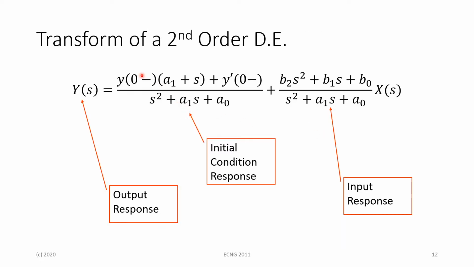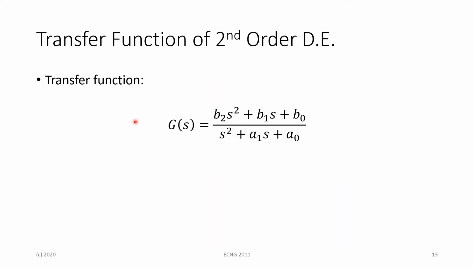If we assume that all the y of 0 negative components are also 0, we'll be left with Y of s equal to this X component, and once we carry across the X component, being Y divided by X, we'll obtain our transfer function G of s, given by the multiplicative component that we saw in the previous slide.